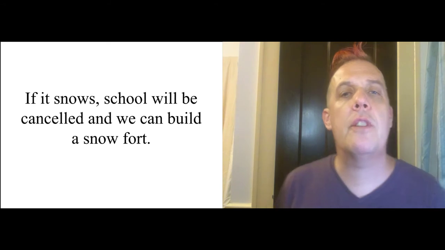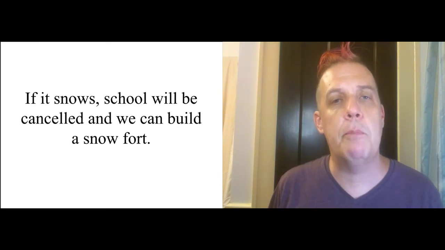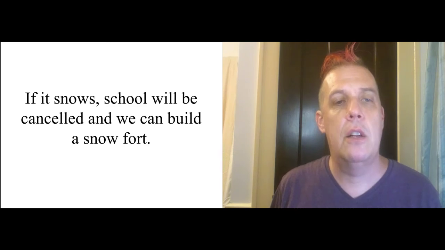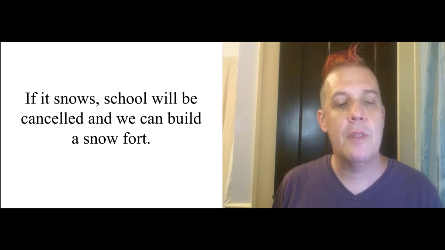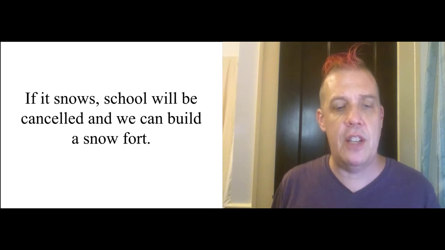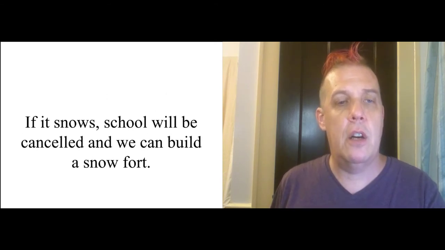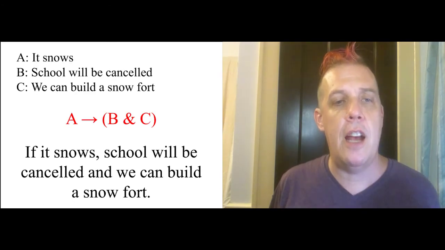All right, here's another example of moving an English sentence into our symbolic language, SL. If it snows, school will be canceled, and we can build a snow fort. Well, that's exciting. So there are 3 atomic statements in this one. It says, it snows, school will be canceled, and we can build a snow fort.